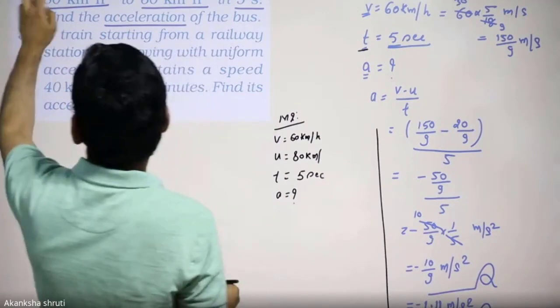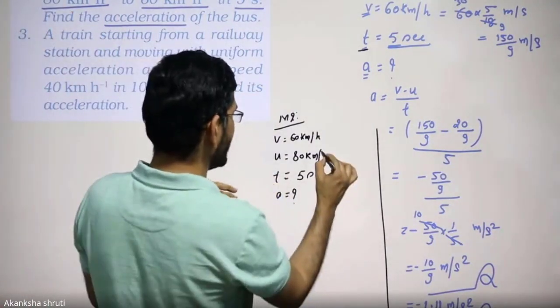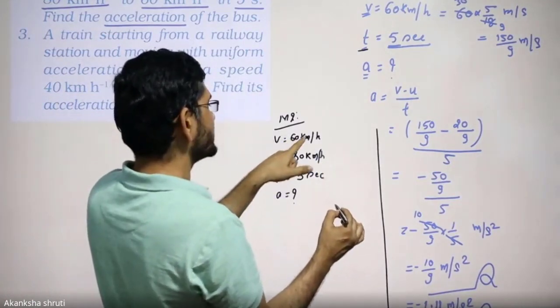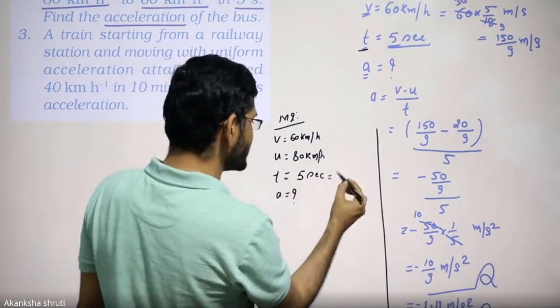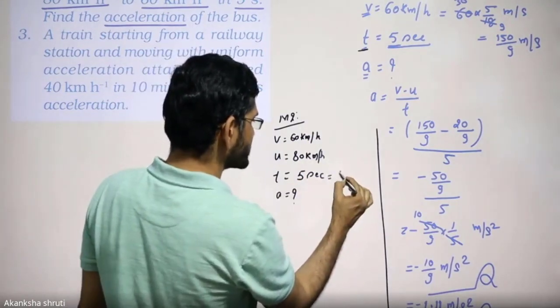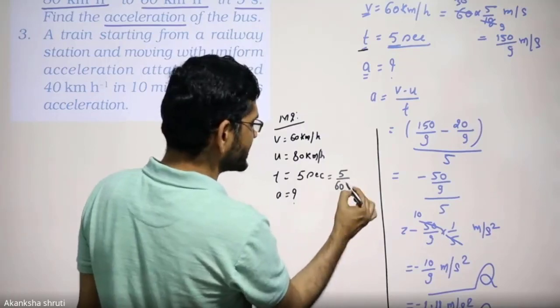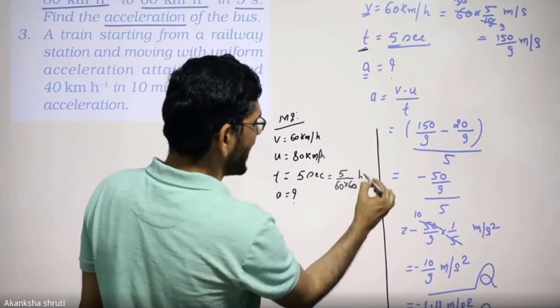So students, we must consider the system of units. Here v and u are in terms of kilometer per hour, but t is in seconds. So you may convert this into hours itself. So you may convert 5 by 60 minute into one more 60 in the denominator, this much hour.